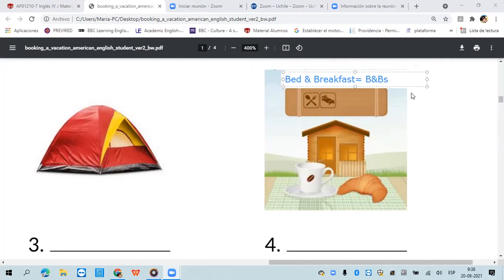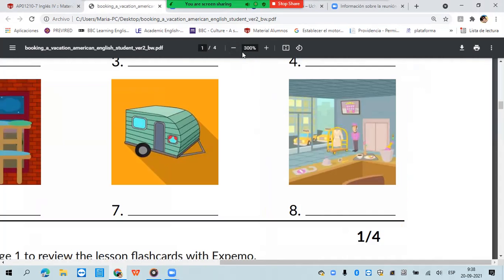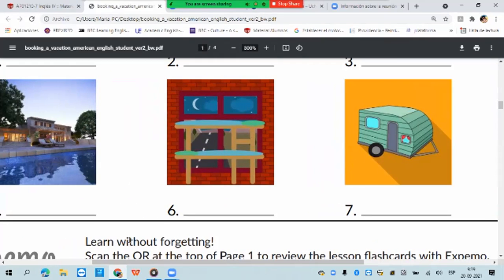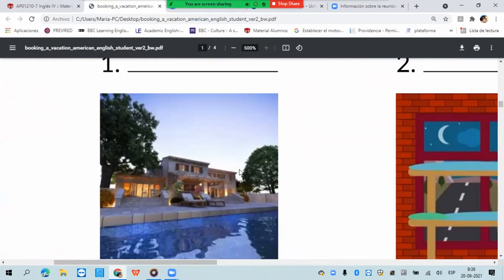Let's see the other ones. Let's see number 5. What is that?